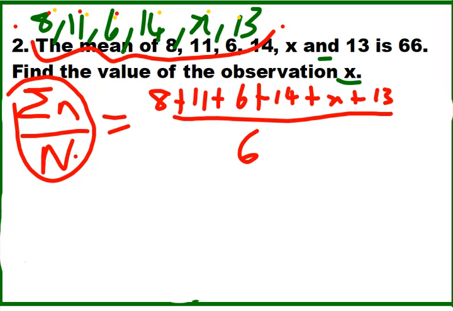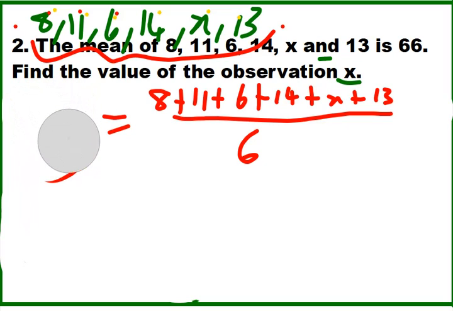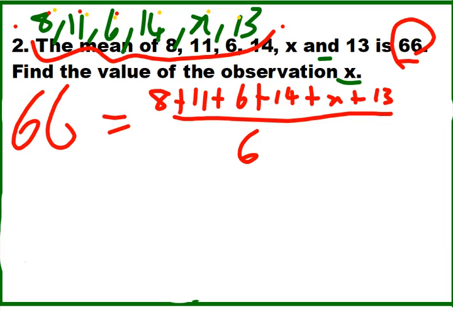Then we substitute this side because it represents the mean. So why not just substitute it with the mean that we're given, which is 66. And so we're going to solve for x by cross multiplying. As you know, this 66 is over 1 because it's a whole number.